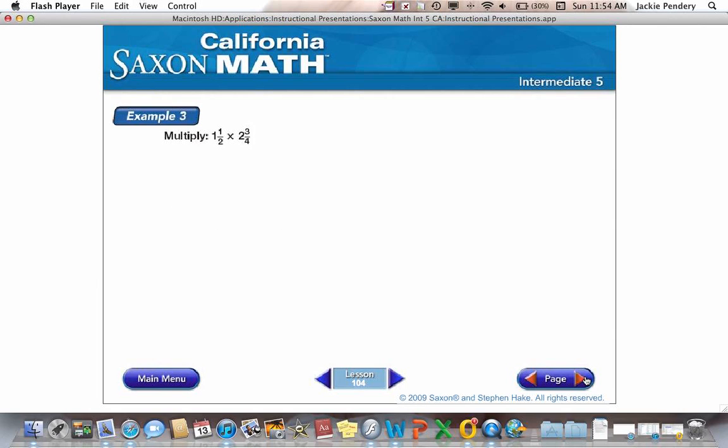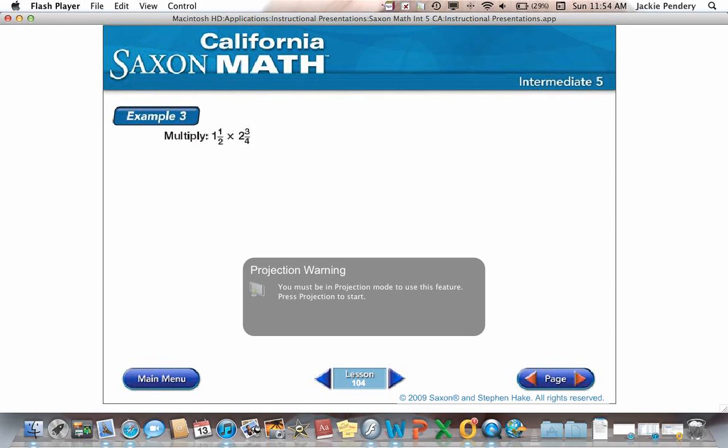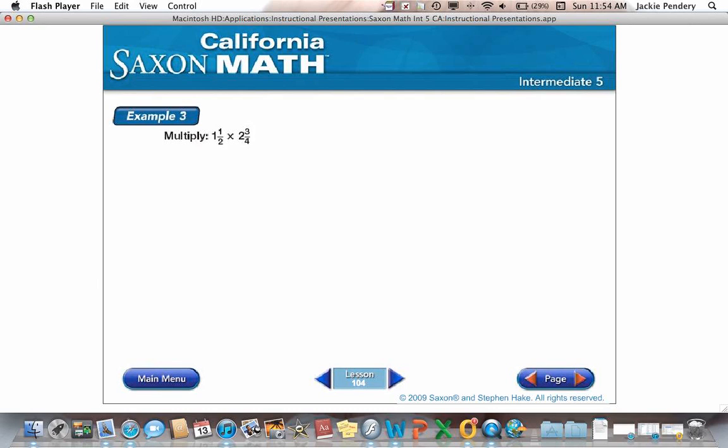Okay, example 3. Multiply 1 1/2 times 2 3/4. In order to multiply a mixed number, you have to change it to an improper fraction first. So let's start by rewriting our problem: 1 1/2 times 2 3/4. Let's start with our first number, 1 1/2.